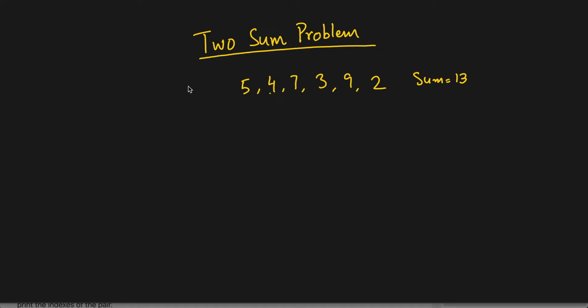So let's see how we are going to solve this. Let's first discuss the brute force solution. In that solution, we'll use nested loops. Basically, we'll add every element to the rest of the other elements in the array and check if the sum is equal to 13, and if yes, return those indexes.